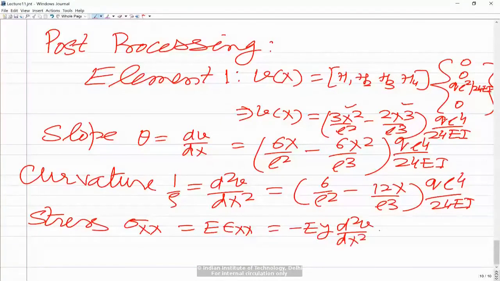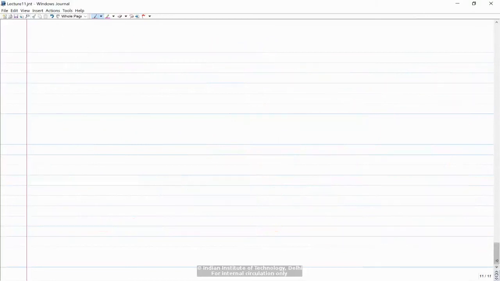So if you put this value, this E and this E will get cancelled out, and we'll have minus y and then (6 by l square minus 12x by l cube) into ql power 4 upon 24 I. So this is the expression for sigma xx anywhere within the first element.